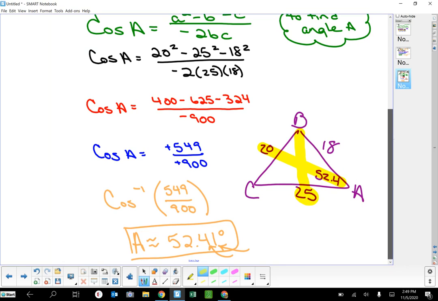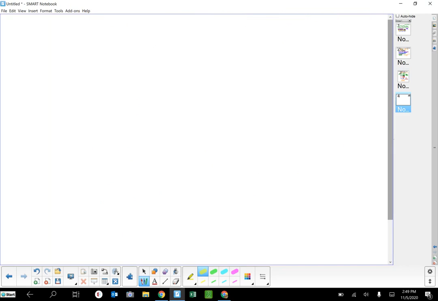All right, the other couple things that we need to talk about in this video is area of a triangle. So area of an oblique triangle. Let me get a pen. So area of a triangle. And so this is an oblique triangle, not where you're using area equals 1/2 base times height.